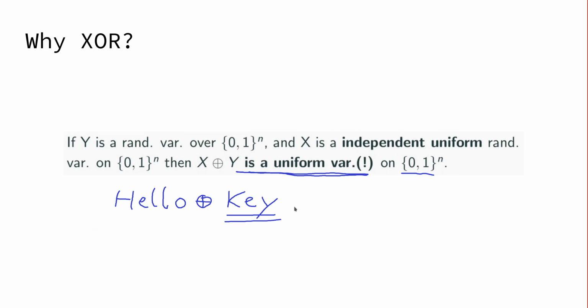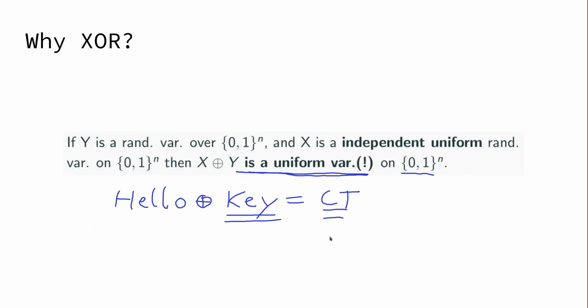What we get out of it is a ciphertext that is also uniformly distributed. Even if our message was not uniform at all, XORing it with a uniformly distributed key makes our ciphertext uniformly distributed.